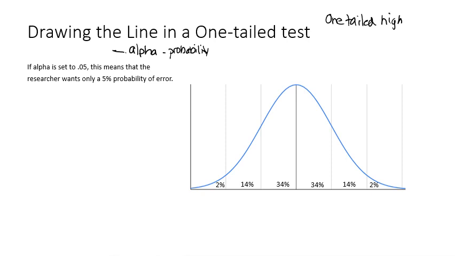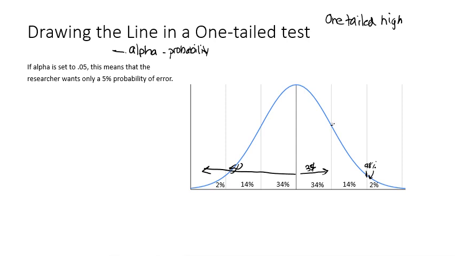This means that alpha is going to be set at the point where 95% of the scores are lower than the score that we're interested in. So we can see here that if we drew the line right here, that would be like alpha at 0.02. 98% of the scores would be lower. We're looking for 95% of the scores. We know that if alpha was set right here, well, we would have 50% here and 34% here.